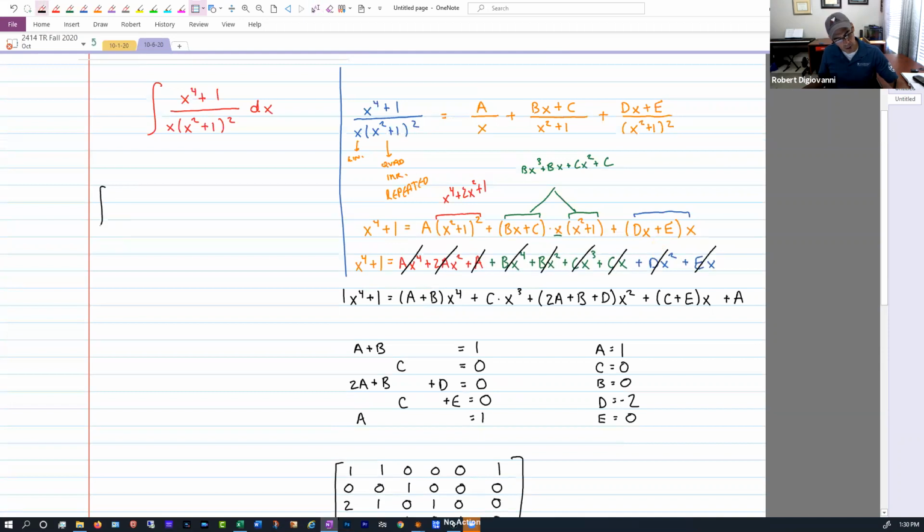My new integral becomes, okay, A over X, 1 over X, plus B, which is 0, plus C, which is 0. So that middle piece is completely gone. There is none of that, right? And then D is -2, and E is 0, so just -2x over x squared plus 1 squared dx.